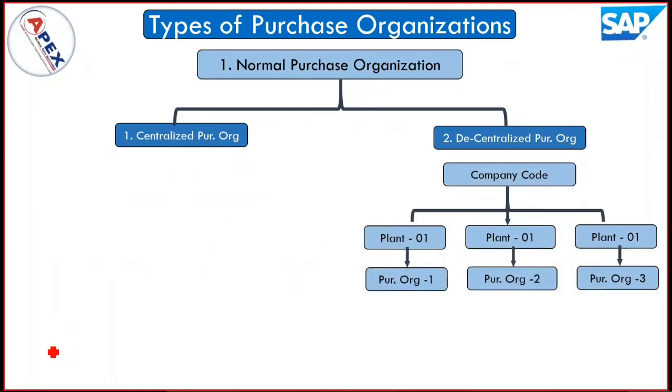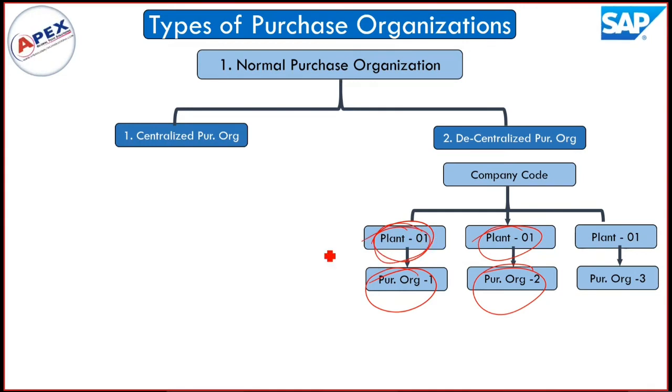Decentralized purchase organization means for each specific plant, there is a specific purchase organization. Whatever purchasing activities are done in the plant, that plant's purchase organization will be responsible for them. Got it?